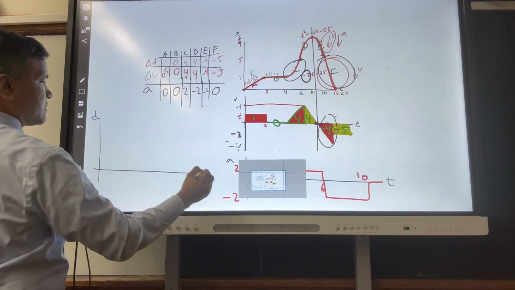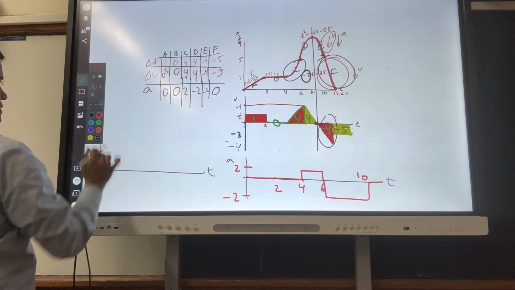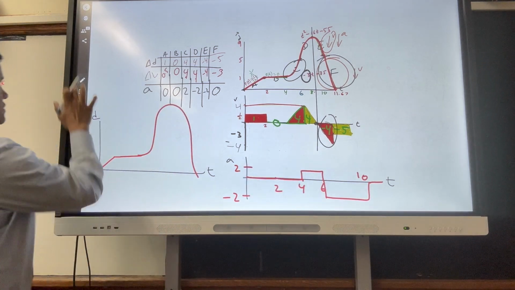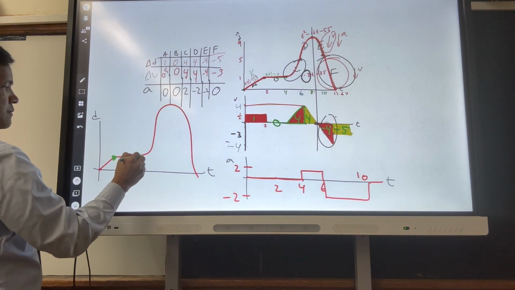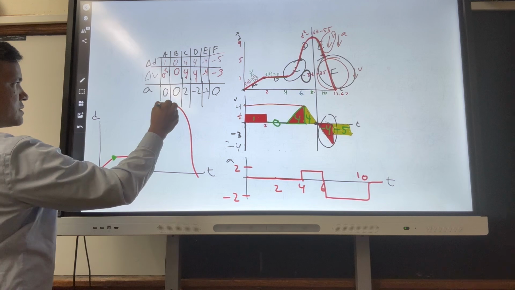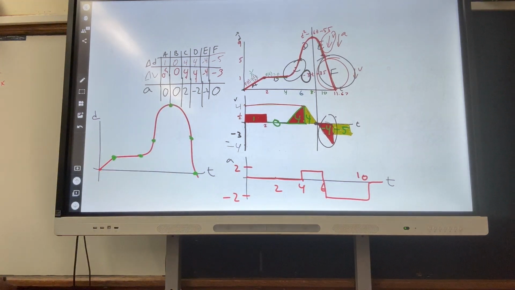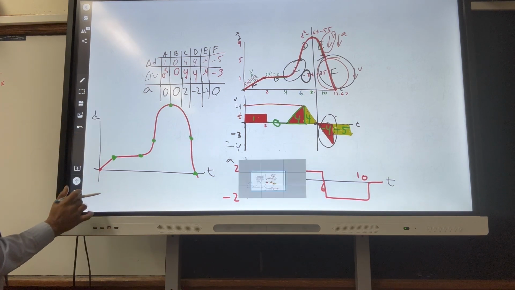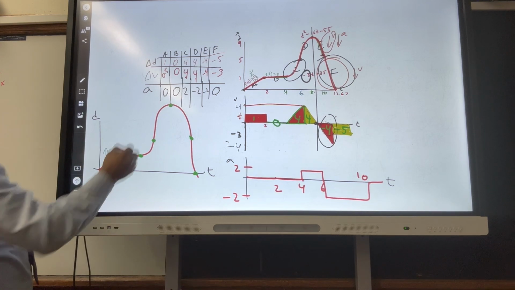Okay, now let's see whether our answer makes sense. This is the DT graph. This is A, B, C, D, E, and F. We say that the velocity is positive over here, and now we know the size of the velocity.